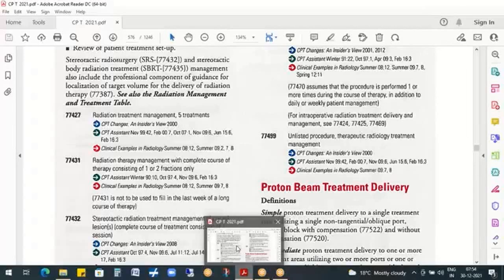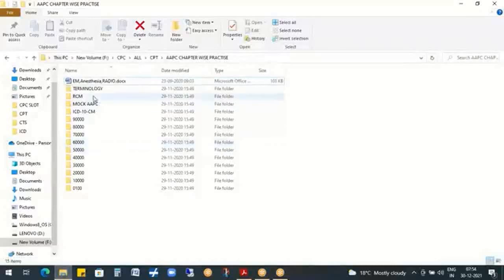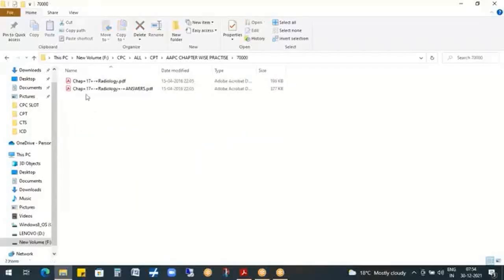When you are getting a mammogram question, what are the key terms we need to look for? It is screening mammogram, diagnostic mammogram, tomosynthesis. Next, MRI: you need to check for unilateral or bilateral. If it is a DEXA scan, you need to look for axial, appendicular or vertebral.